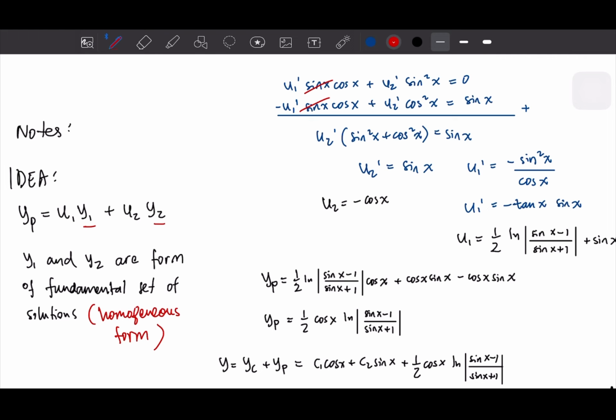But I believe the variation of parameters is, I think, for only the second order. If it's third order, it will be a 3 by 3 matrix. So still possible, but I don't think it will be human in this sense. So I think maybe just the second order.